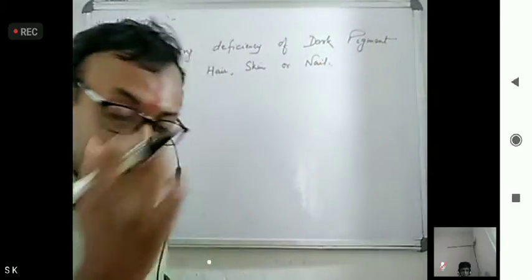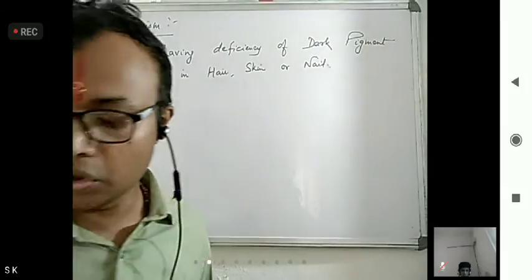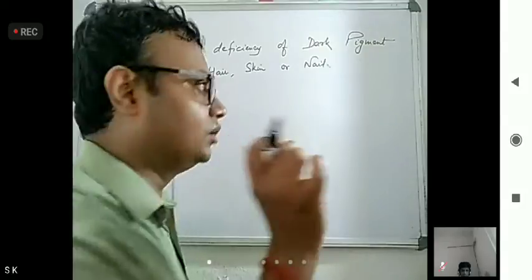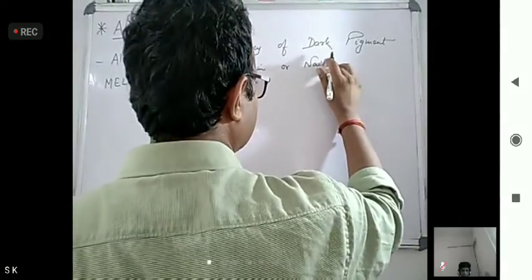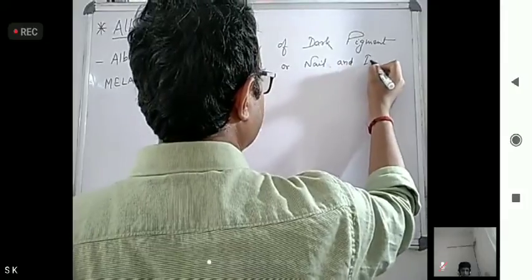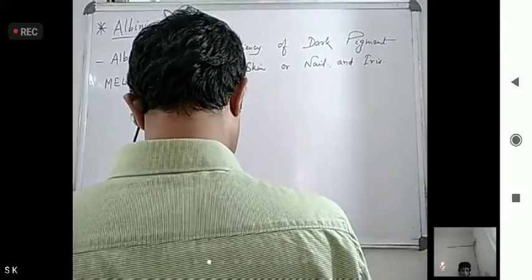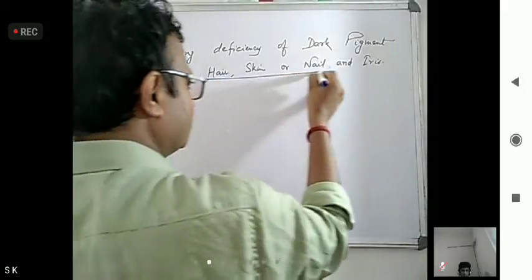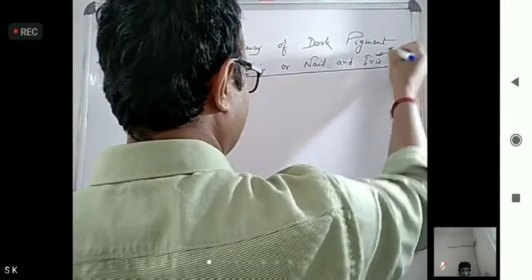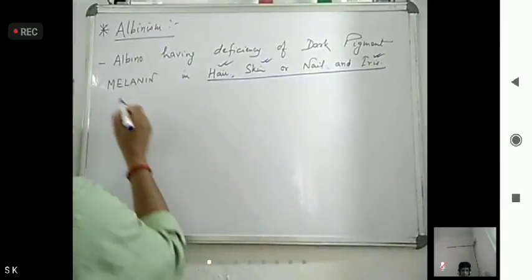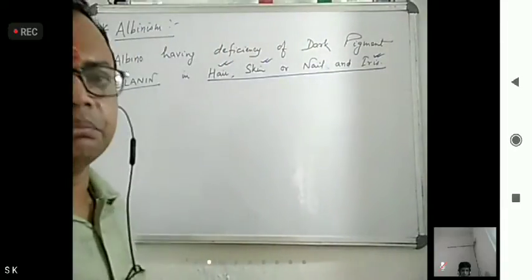Okay, hair, skin, or nail, and sometimes the iris of the eye is also affected. So what does this look like? Albino. Albino means colorless: iris, skin, hair. Deficiency of which pigment? That is melanin.